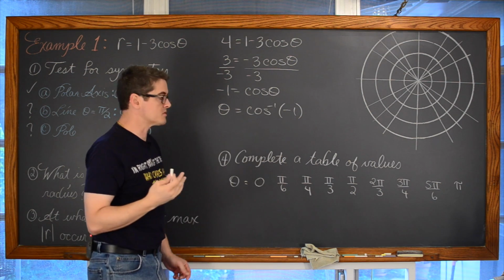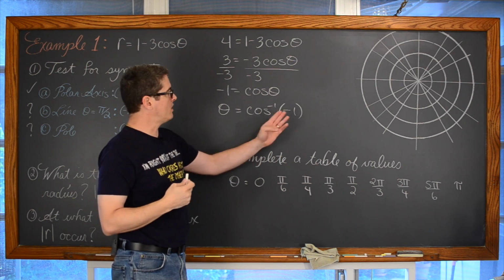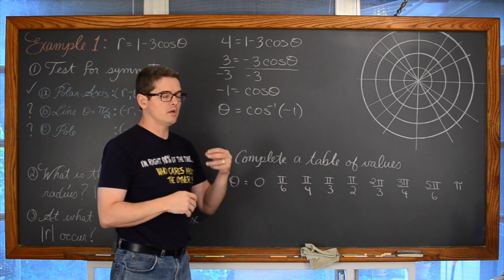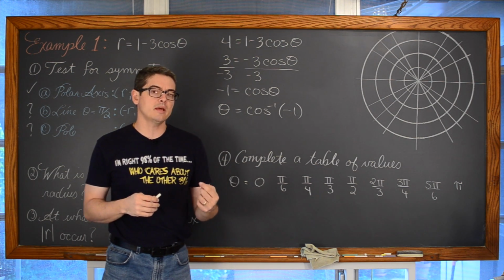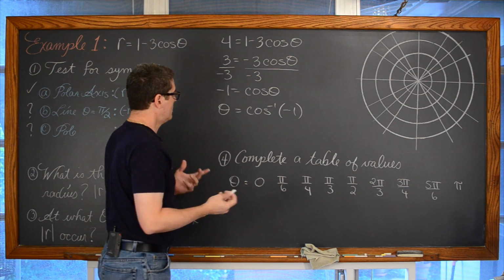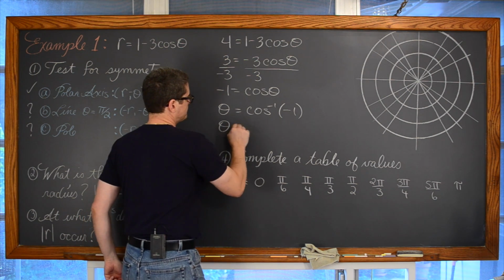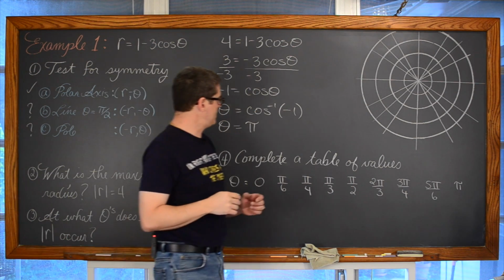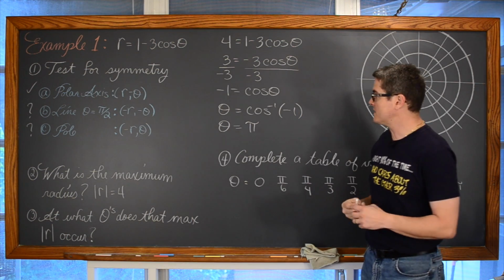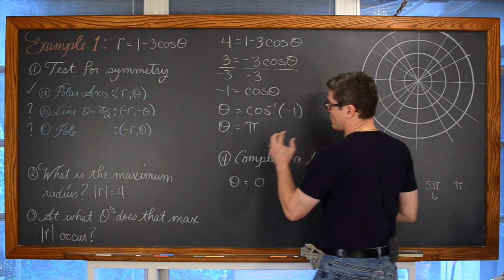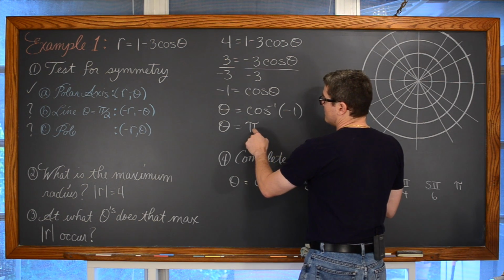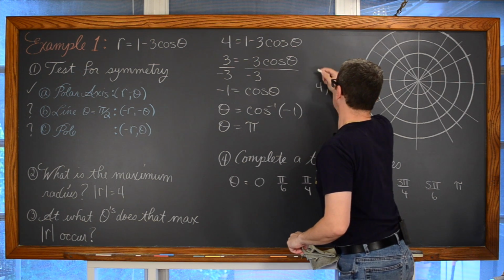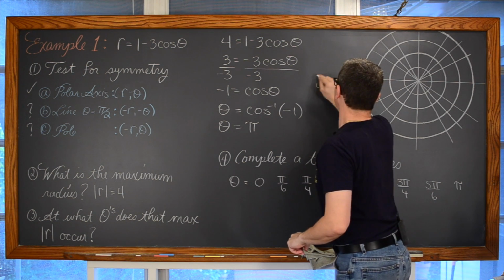And if you know your unit circle, you don't need a calculator for that. What angle measure in radians is going to give you a cosine value of negative 1? And of course, cosine of theta is equal to x over r. Well, that's going to be pi. So on that graph over here, we simply know at this point that we're going to have a point of 4, pi.